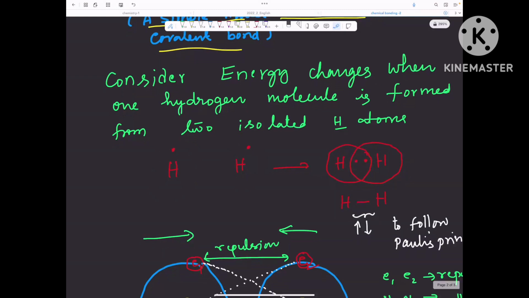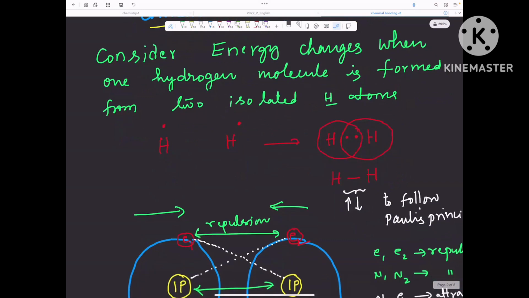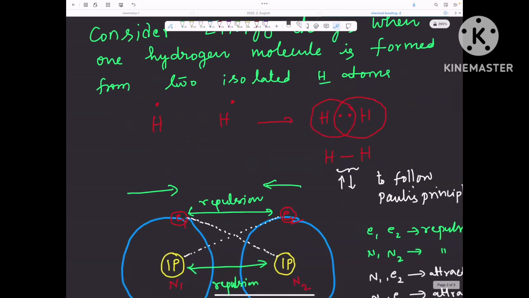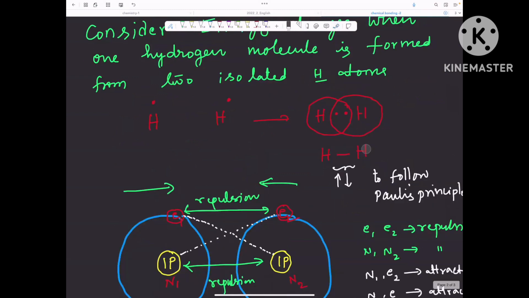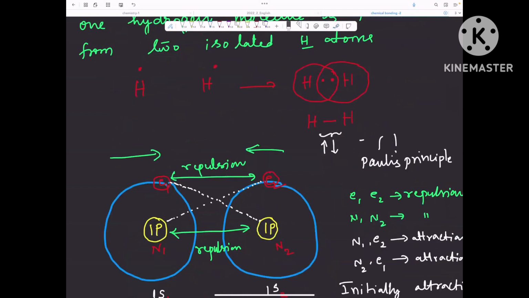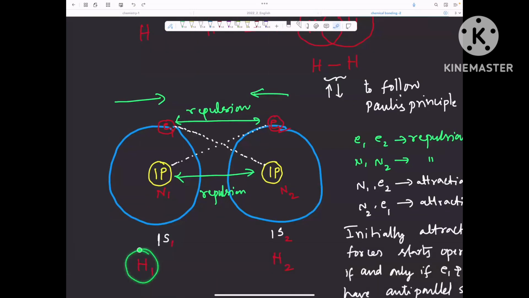single bond. Please make a rule that in any covalent bond, the bonding electron pair must have opposite spins to follow Pauli's principle. When two hydrogen atoms, let us say H1 and H2, are coming closer together, there exists repulsion between N1 and N2, the nuclei of H1 and H2, and E1 and E2, the electrons of H1 and H2 respectively.